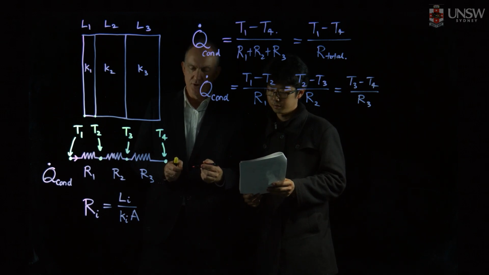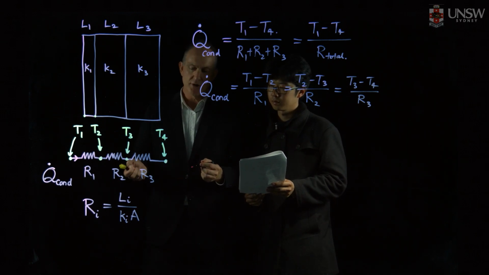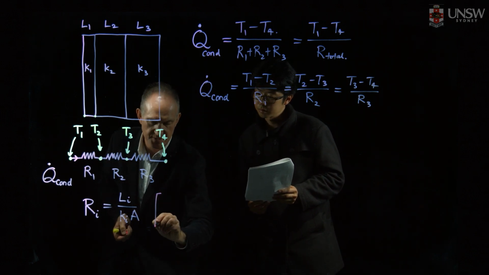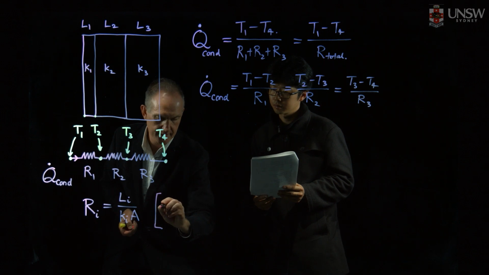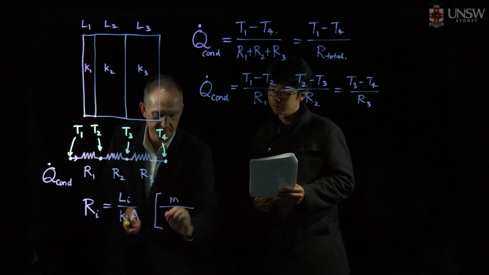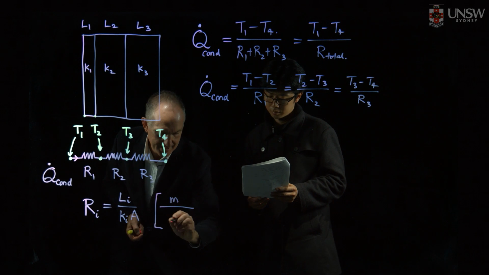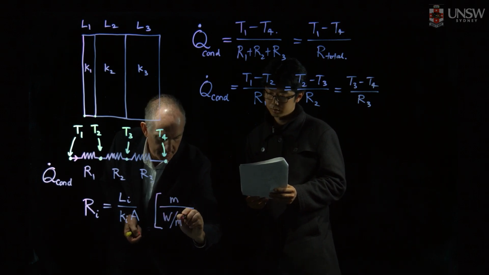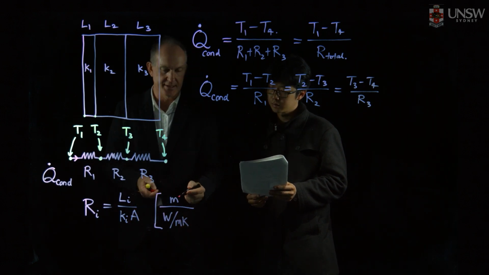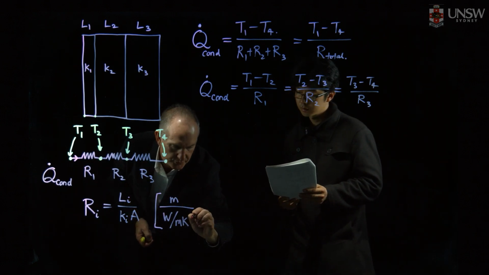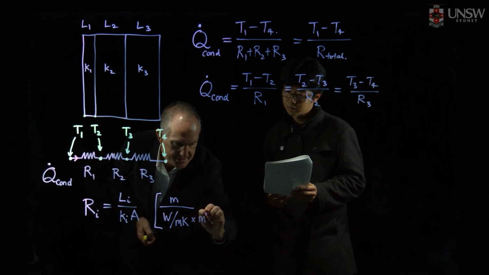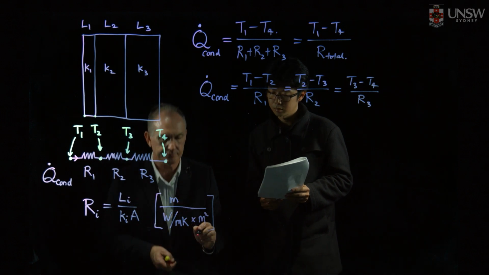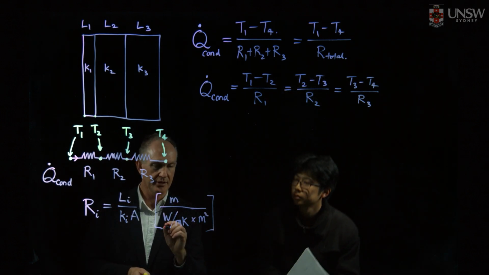Okay, so it's useful for us just to have a look and see what the units of the thermal resistance are that we're working with here. Well, we'll just put this bracket here. Length, of course, is going to be typically in meters. K is going to be watts per meter per degree Kelvin or Celsius temperature difference, multiplied by meters squared for area. So when we look at all of that, what do we end up with?